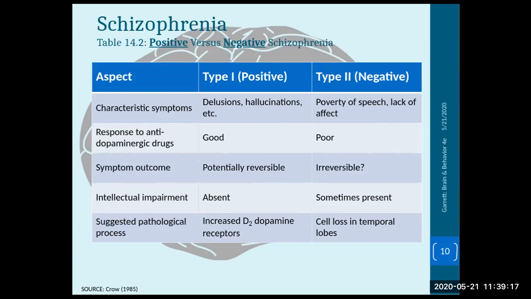They are very different from the negative symptoms of schizophrenia, which are poverty of speech, lack of affect, almost depressive-like symptoms, isolation, and inappropriate emotional output. So when something is very sad, you're laughing. When something is happy, you're showing the wrong expression, and things like that.